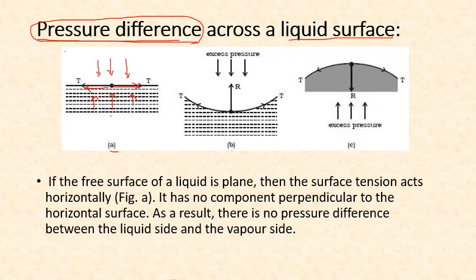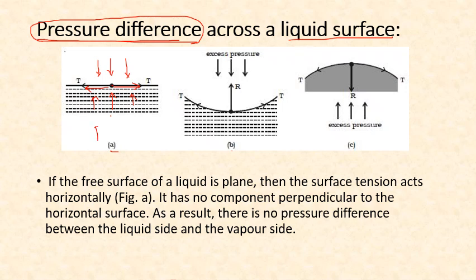As a result, the molecules will remain in equilibrium at this straight line spot, and the liquid surface will be a straight line in this way. So we can say that for a liquid surface to be a straight line like this, all the forces must be equal but in opposite directions.